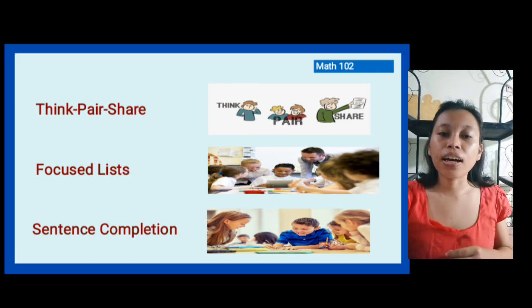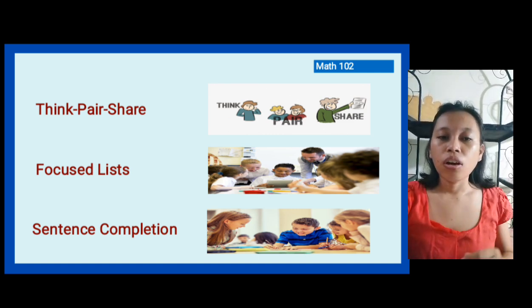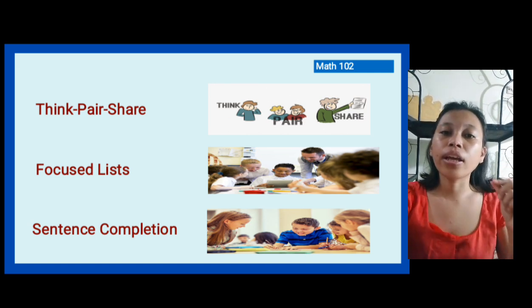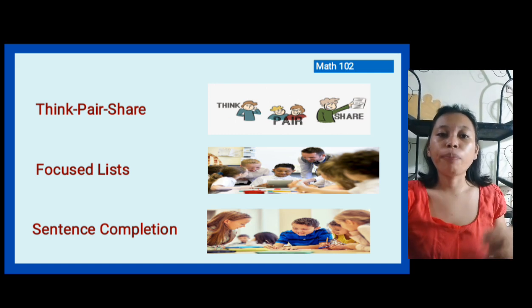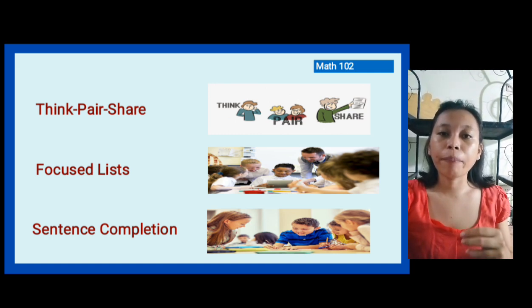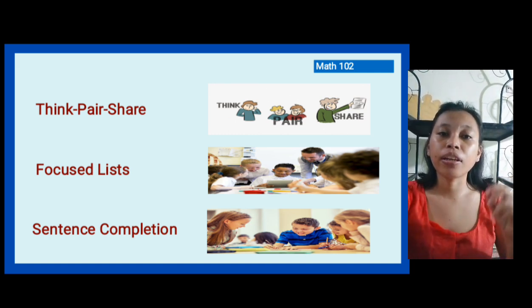Next is the sentence completion. In sentence completion, one student in a group starts a sentence on a piece of paper. Then they pass the paper to another member in the group, who starts a new one.